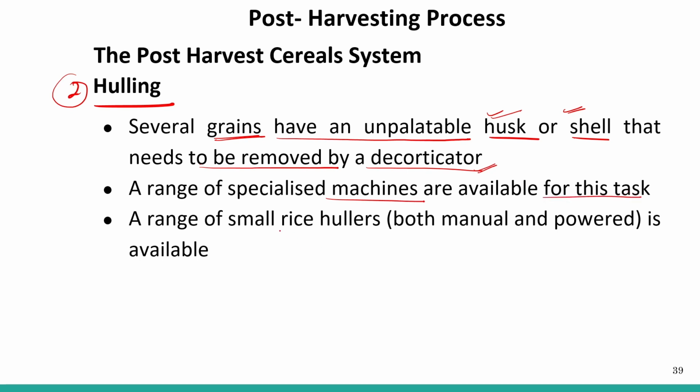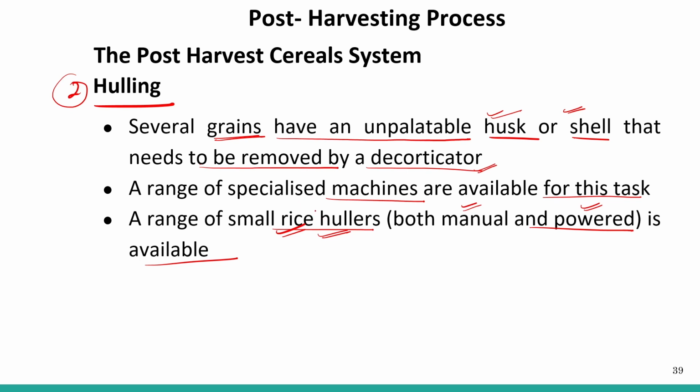A range of small rice hullers, both manual and powered, is available. So according to the husk or shell present as a covering of the seeds, we have different decorticators or hullers.